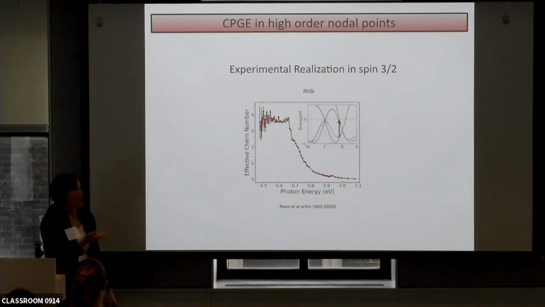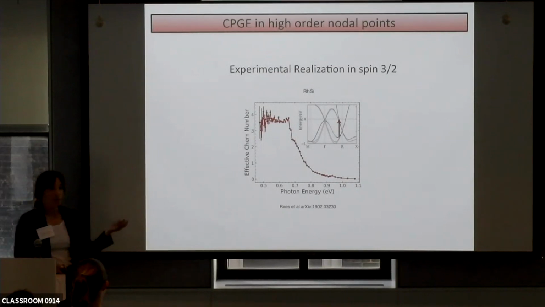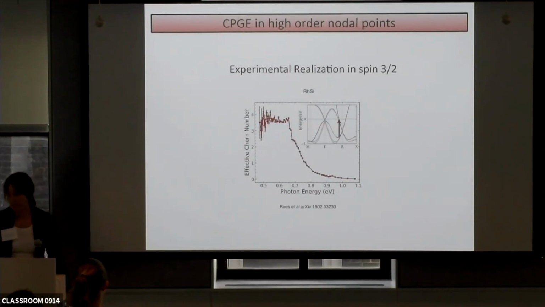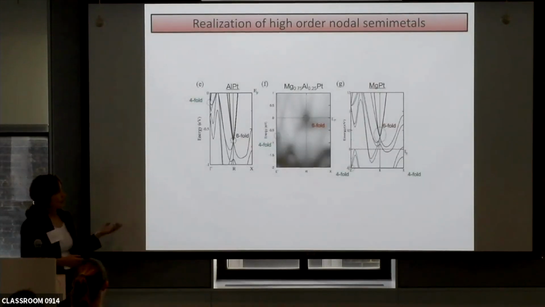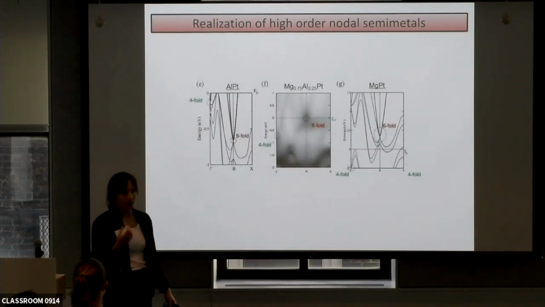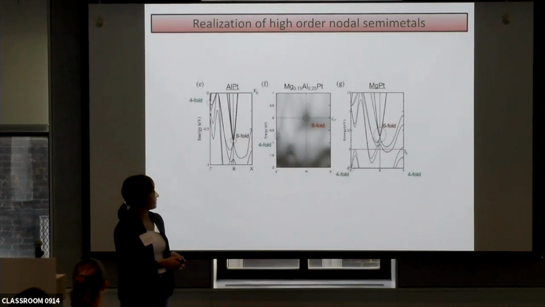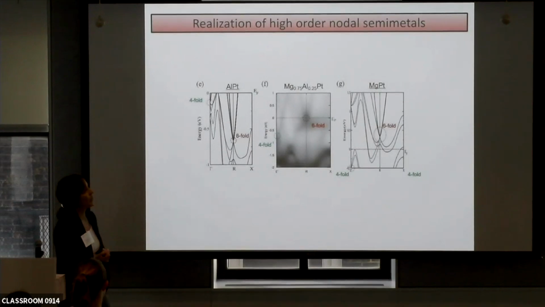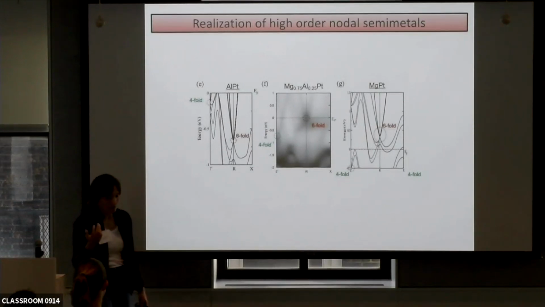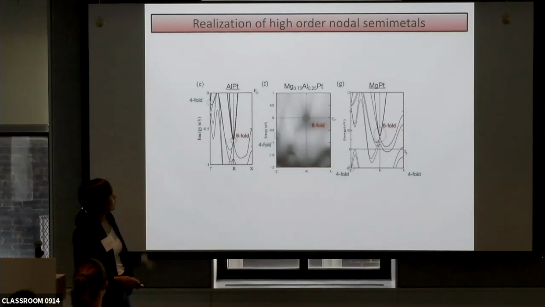And this would be the first experimental measurement of the circular photogalvanic effect that Fernando predicted some years ago. Okay, so, however, we always find the sixfold below the Fermi level. And we wanted to actually put it at the Fermi level because like this, some other transport experiments can be done and reveal more topological signatures.